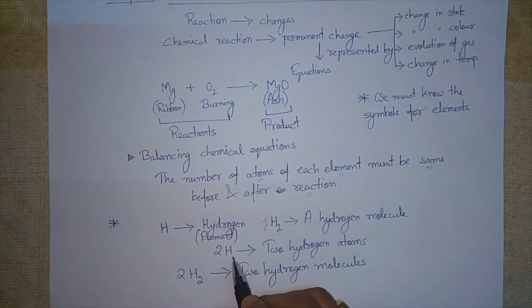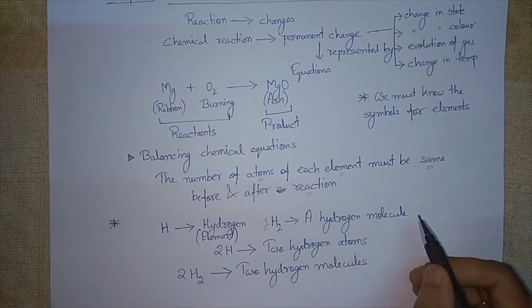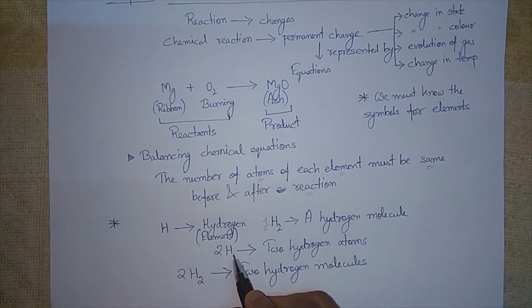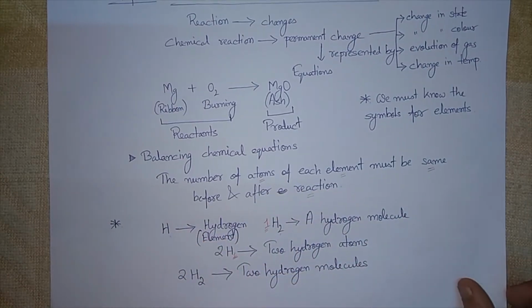But if I write 2H, that means two hydrogen atoms, not molecules, because H2 is a molecule. Here it is only H with no subscript, so it is only 1. So 2H is two hydrogen atoms, but 2H2 means 2 hydrogen molecules. I think it is clear. Then we can go to the next part.